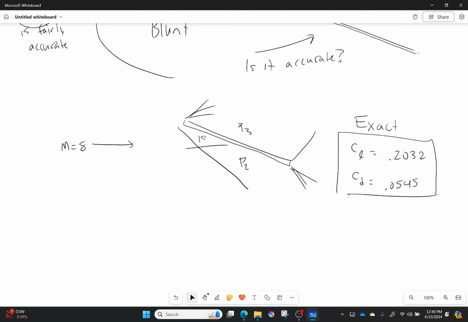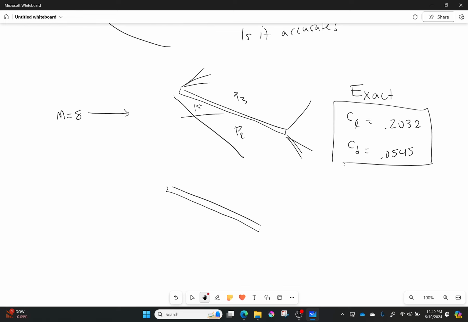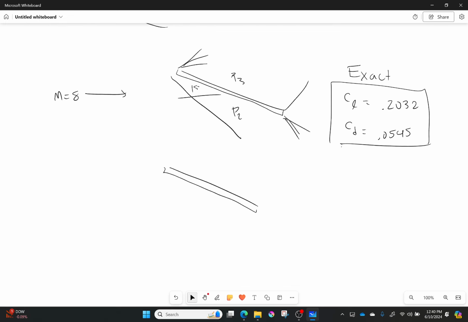So let's find out. So modified Newtonian theory is going to give me something, well, let me set up slightly differently. So in here, I did define this with P3 and P2. I'm going to change that just so I have the same as your textbook. Make sure I'm doing this very, very similar. P2, P3.